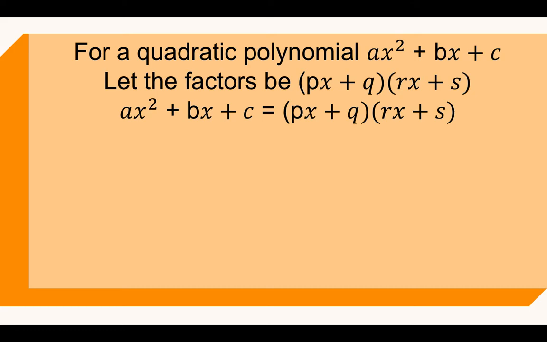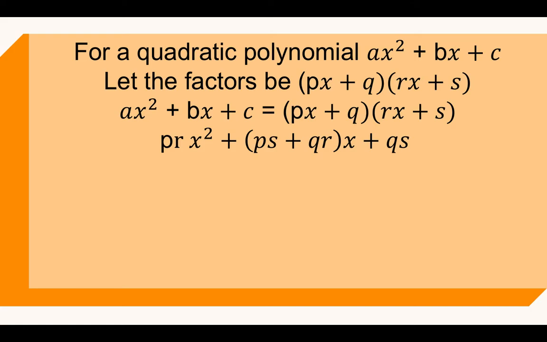Now when I open up the brackets and multiply, this is binomial multiplication with binomial. You know how to multiply a binomial with a binomial, you have done it in class 8. So px plus q into rx plus s. First I will multiply px with rx, so the answer is prx square.